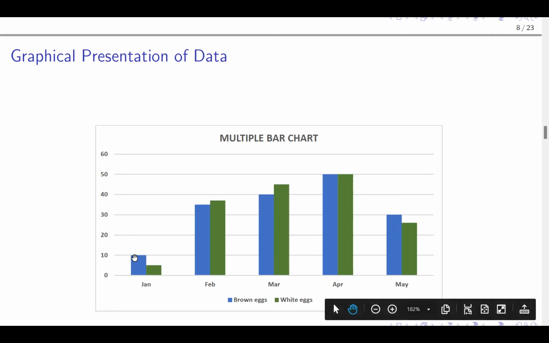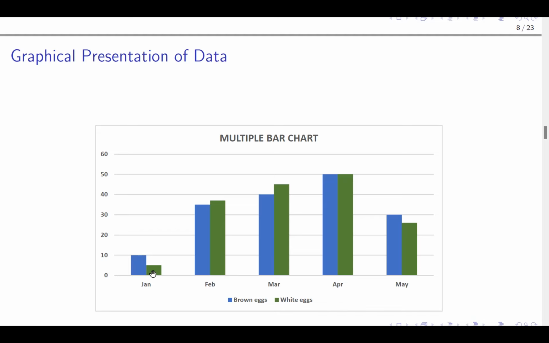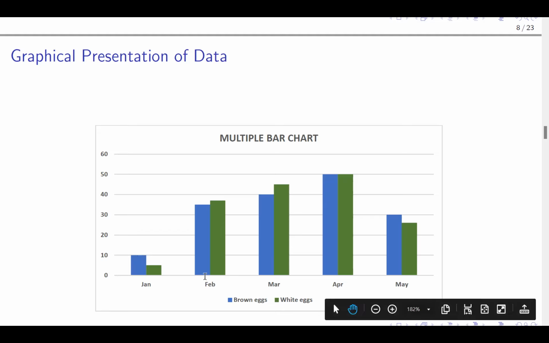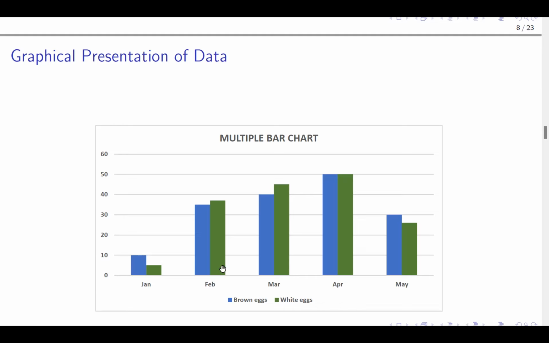So in the month of January, you have your brown eggs and your white eggs. February, you have your brown eggs and white eggs according to the number of counts that is given, okay? In the case of exam, you may not have colors and all of that to show it graphically beautifully like this.